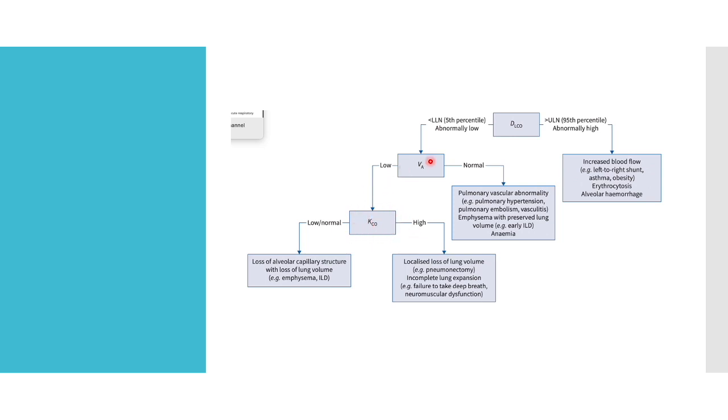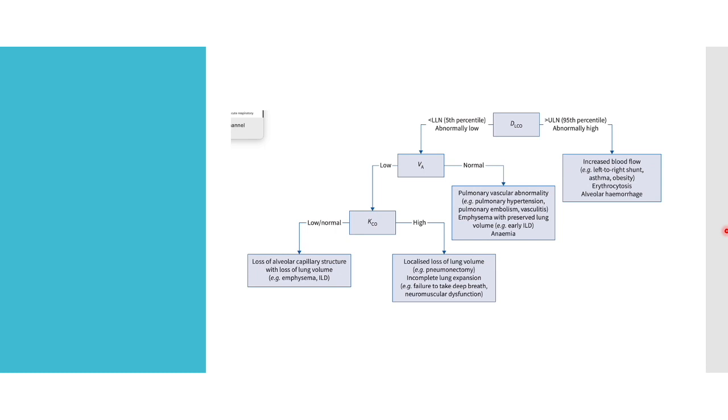If the alveolar volume is normal, then probably the alveoli are okay, and so there is a pulmonary vascular impairment going on, right? Or there could be emphysema with preserved lung volume, or anemia. If the alveolar volume is low, then there's typically a problem in the alveolar capillary structure.